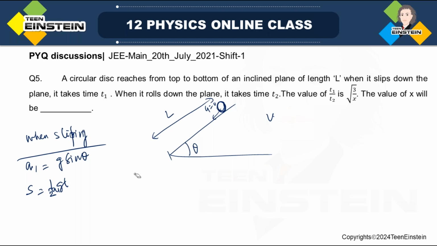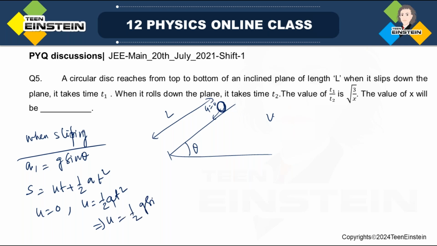Let us write this. So here u is equal to 0, half at square, where a is a1 here. So I'll write s is equal to half a1, meaning g sine theta, into t square.